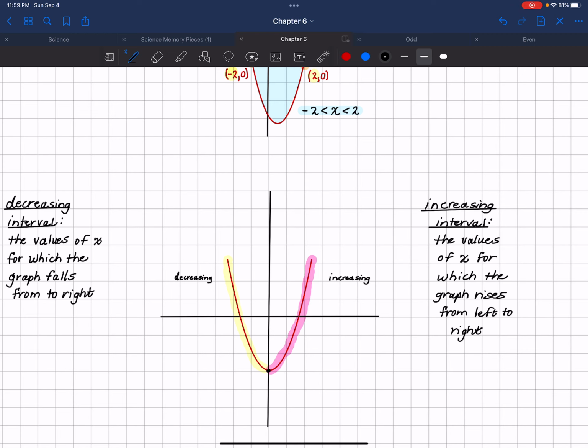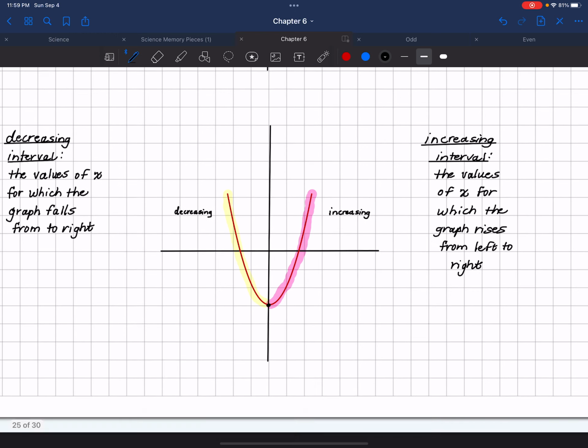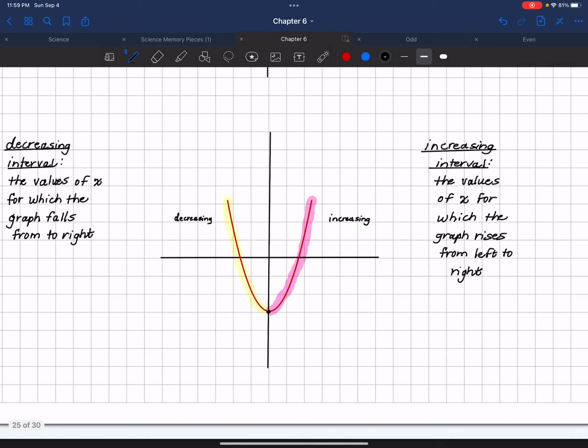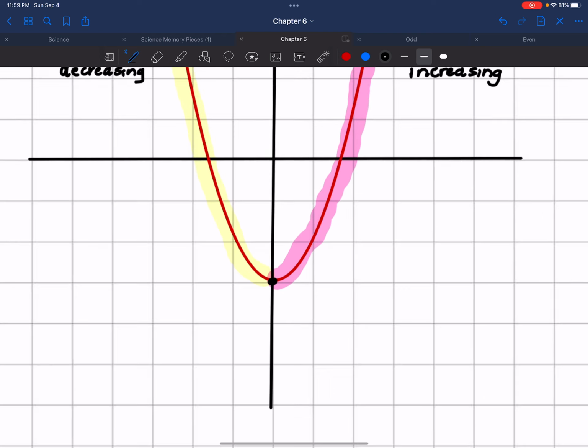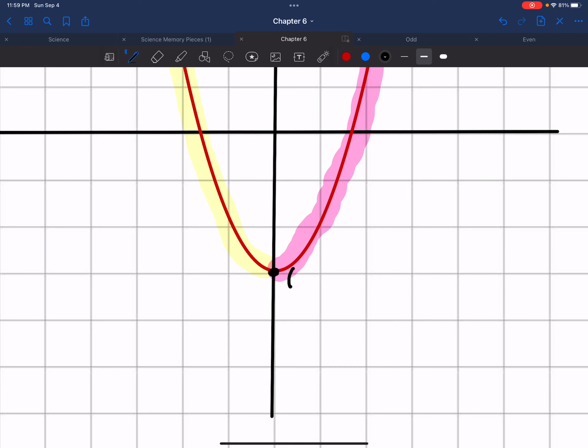Now on my parabola, let's take a look here at what that literally means in terms of the math symbols. So at this point, this is the y-intercept, so this is 0, -3. So when x is greater than 0, that's this pink line, we are increasing on the graph.